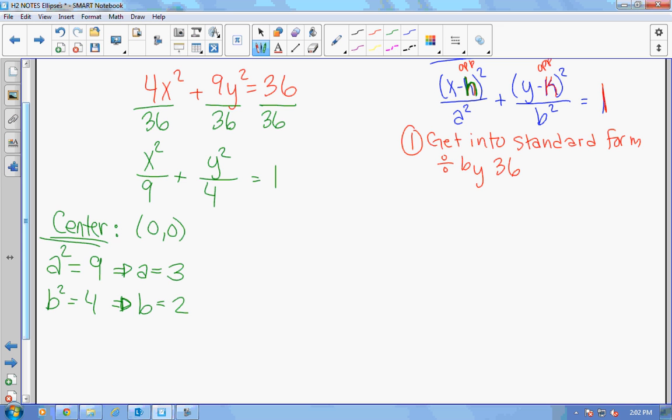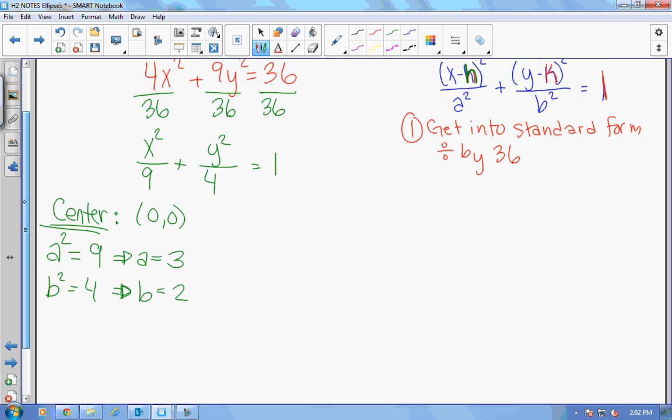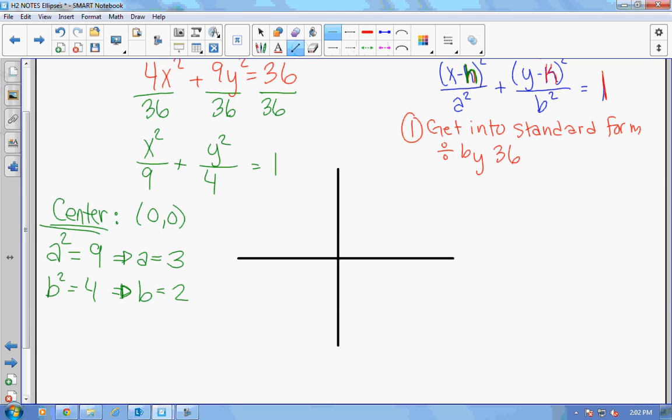Okay? So let's draw a little graph that will help us find the vertices and to find the foci. With your ruler, we know it's centered at the origin, so we can do a cross like that. We're going to be using all 4 quadrants.